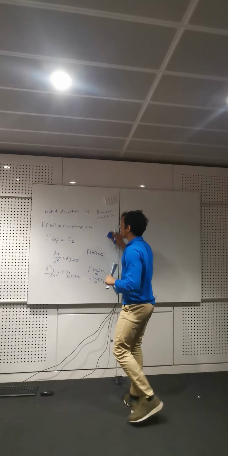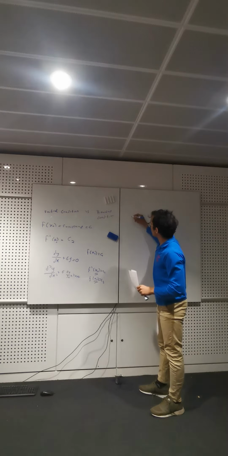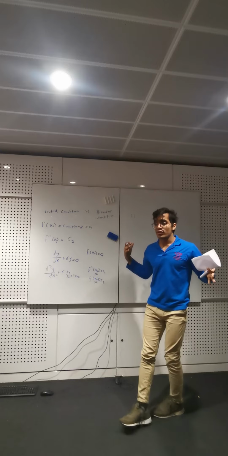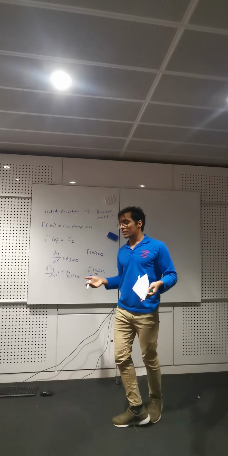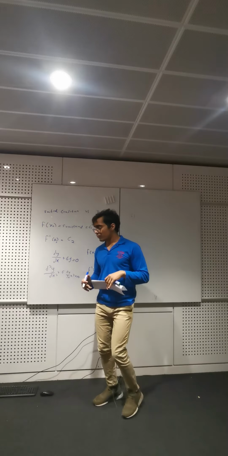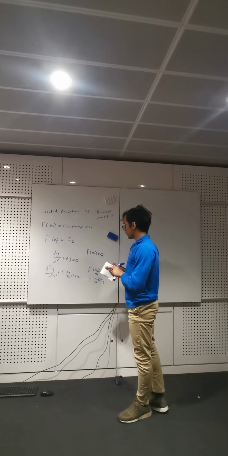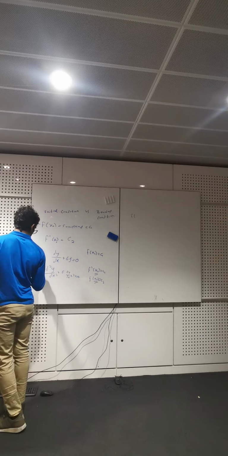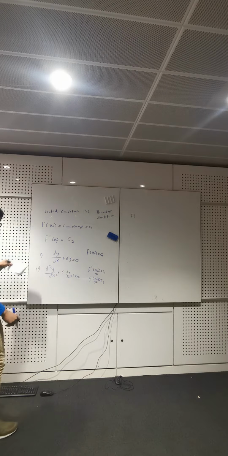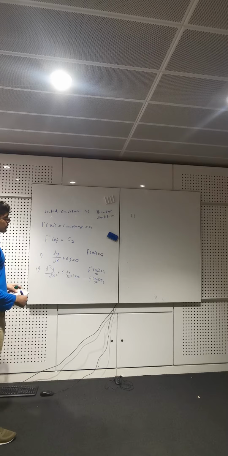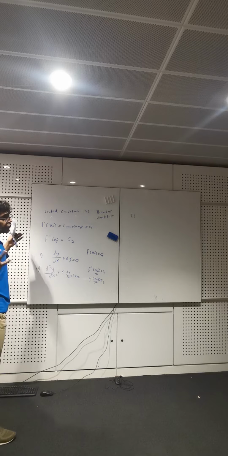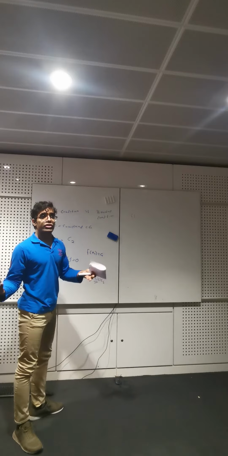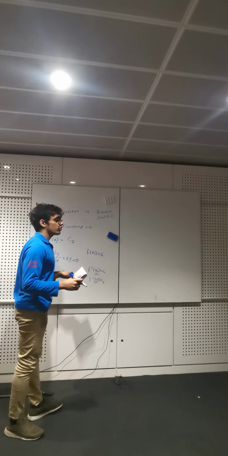For the boundary condition, it's different. We have something that tells us about the solution of the system, but at two different points. For first order, there's no difference between initial condition and boundary condition, so we won't go through it.